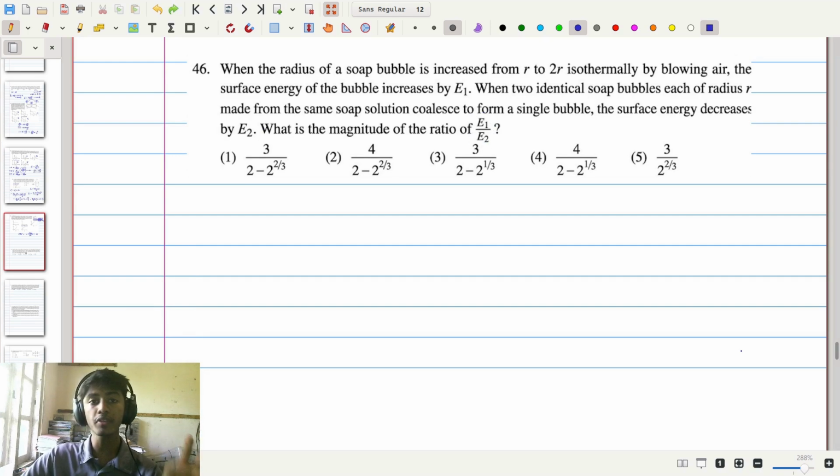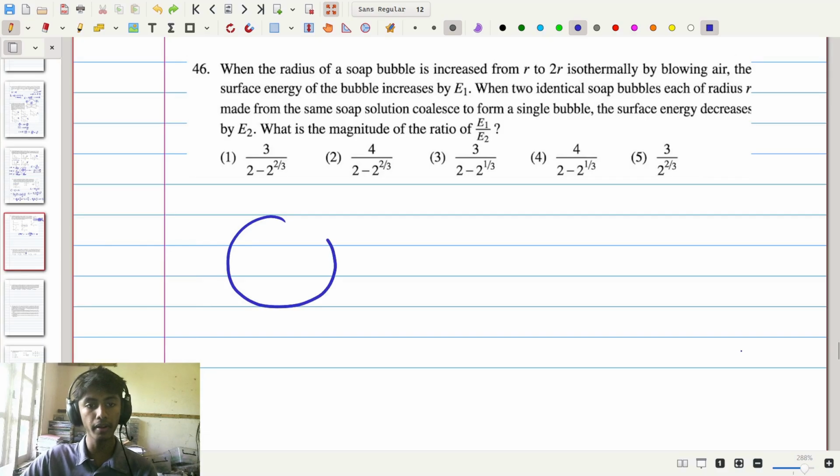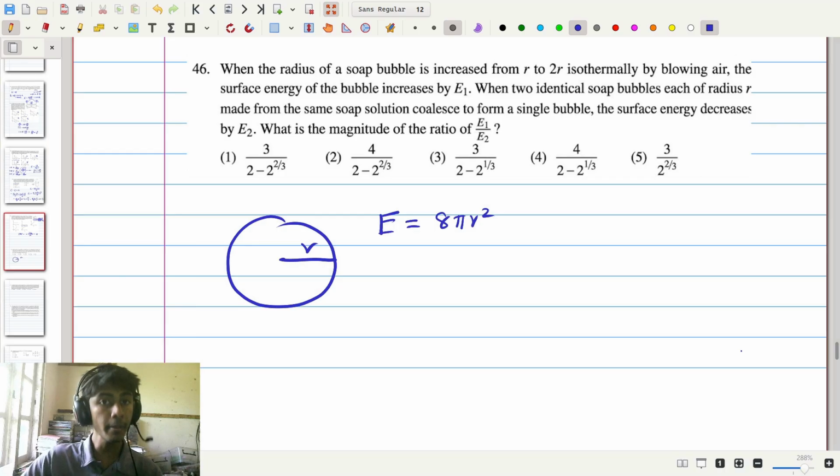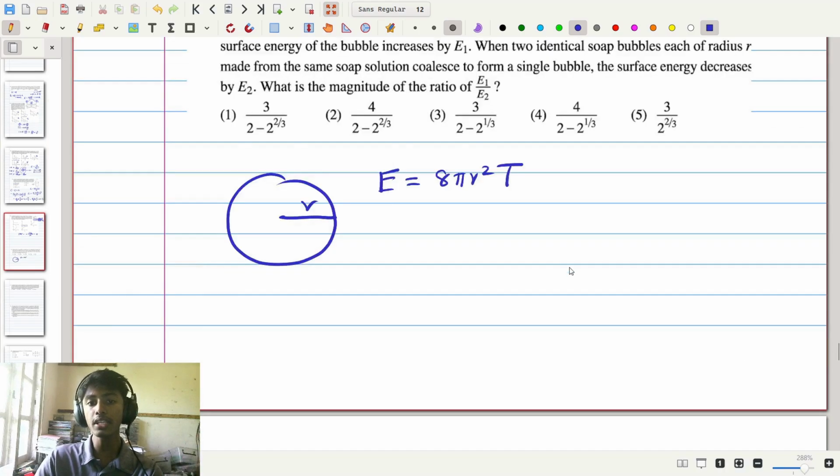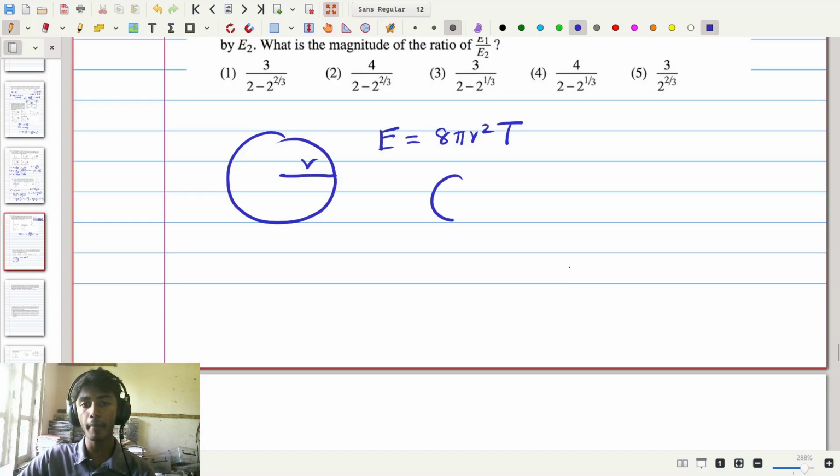Now for this question, we know that for a soap bubble of radius R, the surface energy of that bubble is equal to double the surface area, or 8 pi r squared times surface tension T. Now considering that for E1, we initially have a bubble of radius R that's turned into a bubble of radius 2R.